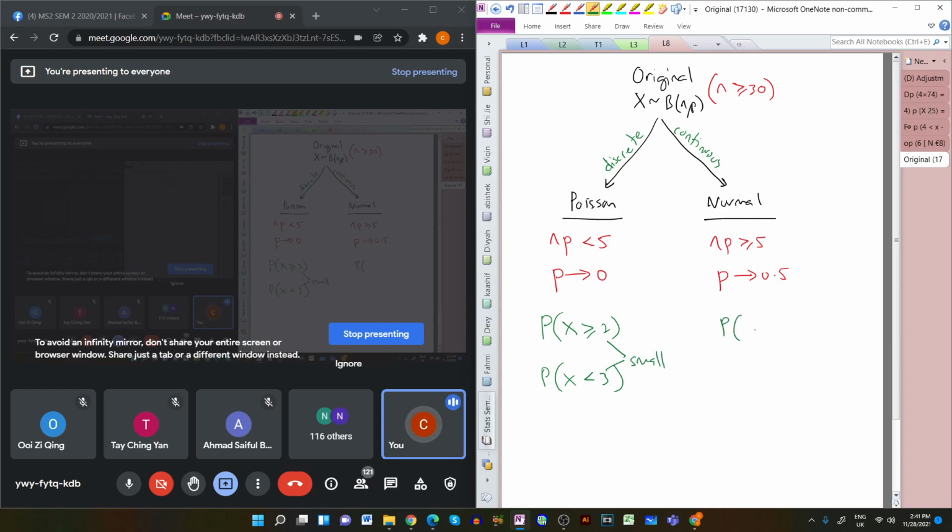But if the number is big, then we go for normal. These are the conditions for you to choose whether it's Poisson or normal for the approximation.